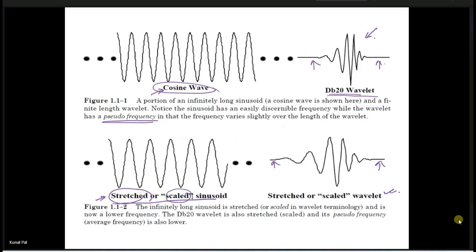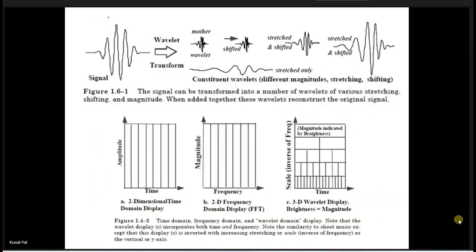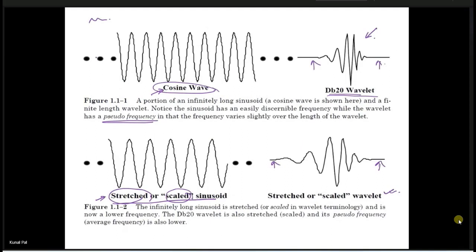So just for a recap, in the Fourier transform, suppose we have a signal, then we take a sinusoidal signal, we do correlation with the original signal x(t), and we note down the correlation value.